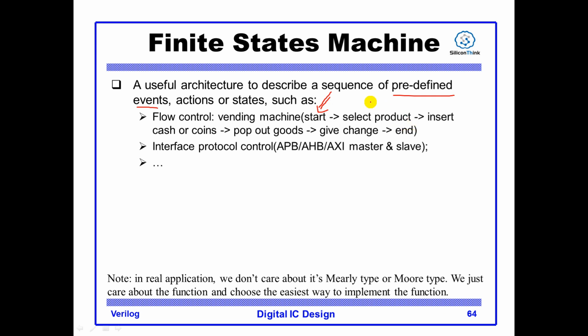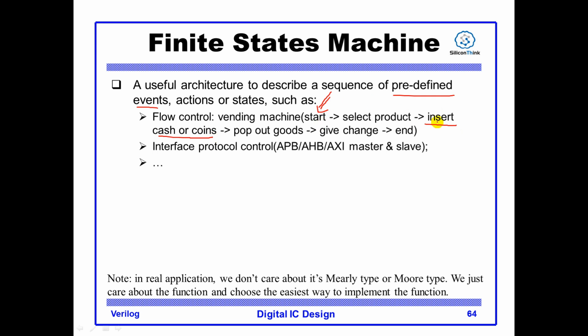That is, the customer can select the product he wants on the touch screen. Then the customer may press the OK button on the touch screen and the machine goes to the insert cash or coin stage. That is, it asks the customer to insert money into the machine.